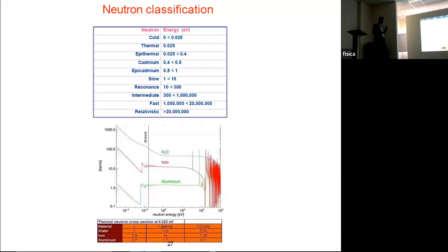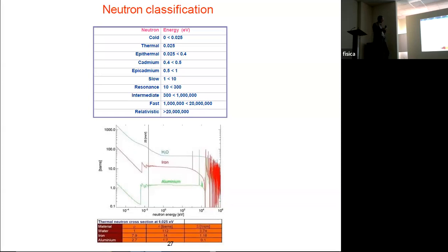You can see different elements here: water, iron, and aluminum. And here, this line shows the thermal energy threshold, 25 millielectron volts. Here you can see a decrease inversely proportional to the velocity of the neutron, and these peaks are called resonances.